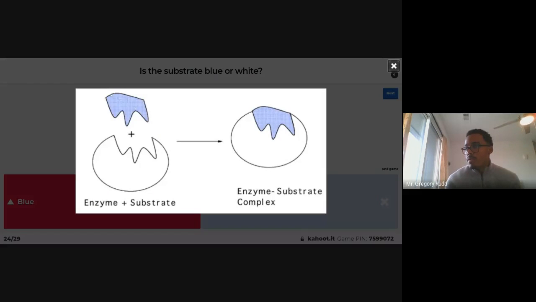The substrate is blue. The enzyme is white. The enzyme doesn't change.